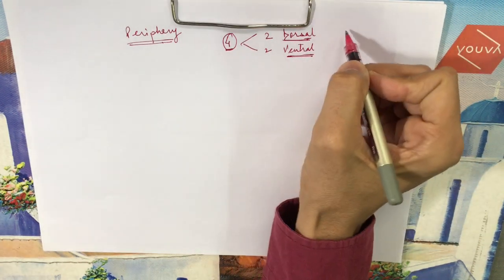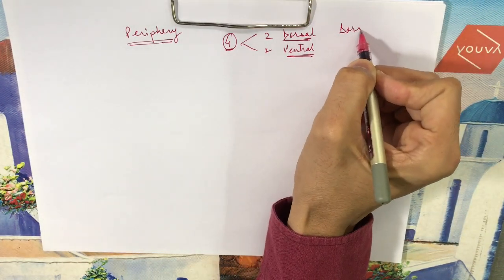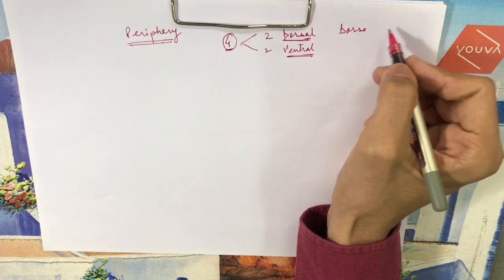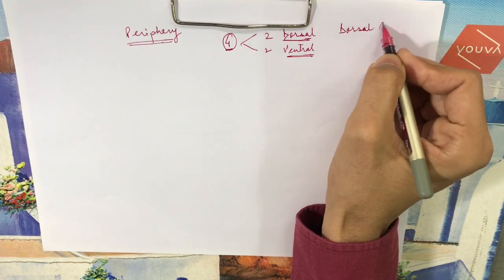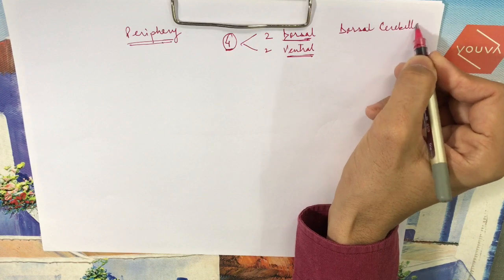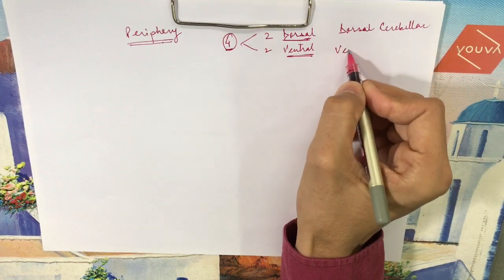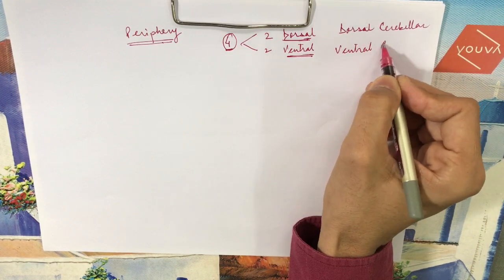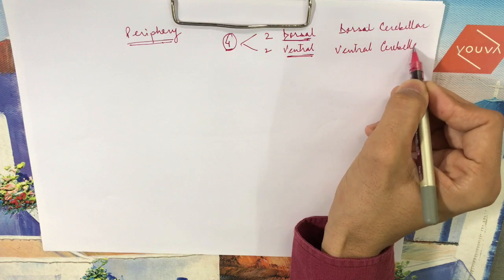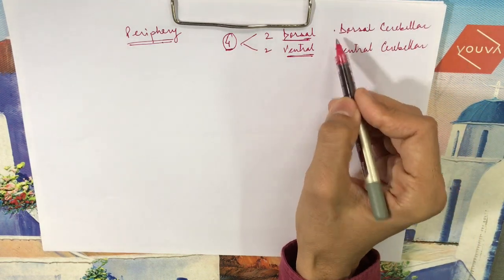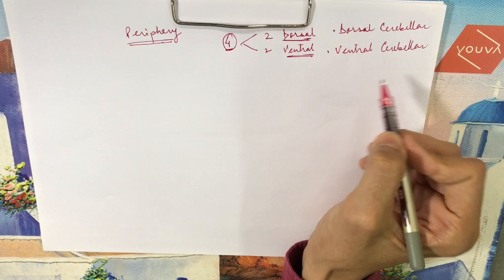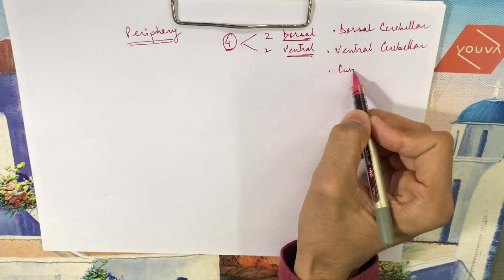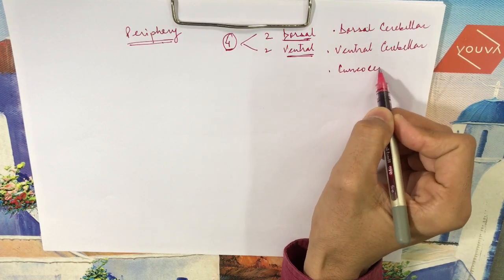So we call them the dorsal cerebellar tract and the ventral cerebellar tract. Related to these, similar to them, is the cuneocerebellar tract.